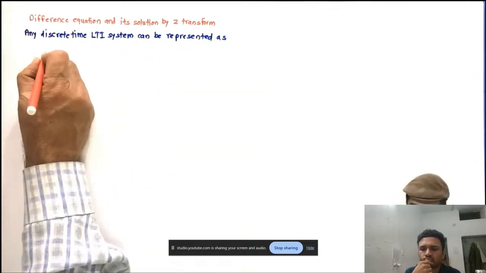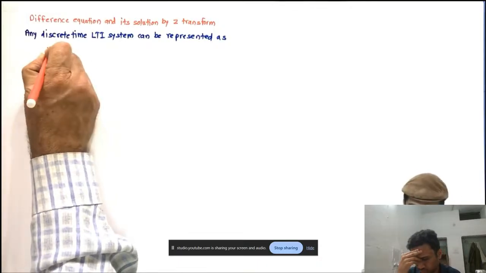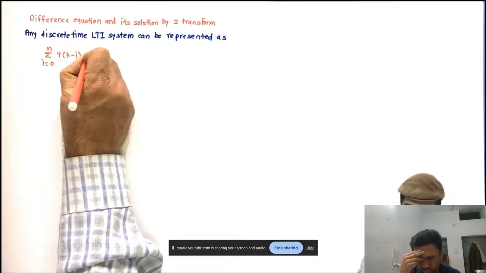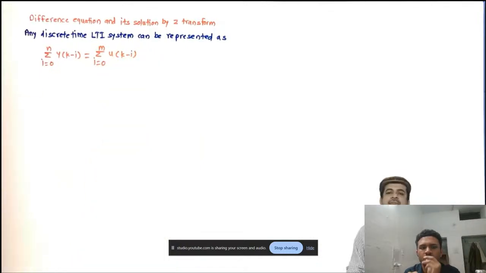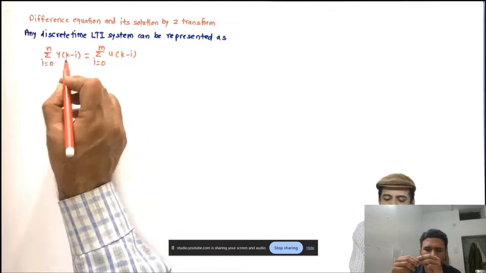summation i equal to 0 to n of y of k minus i is equal to summation i equal to 0 to m of u of k minus i, where y is the output of the system and u is the input applied to the system. And here this difference equation is expressed in terms of delays.